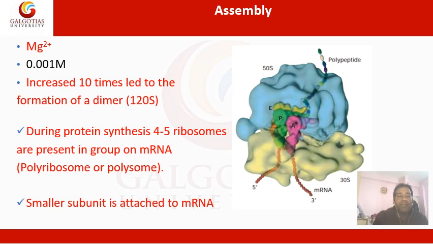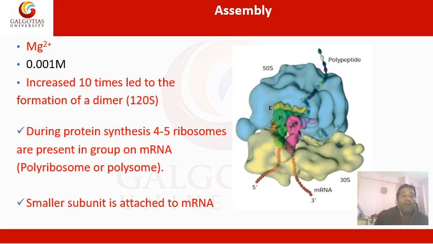However, if the concentration decreases from this 0.001 molar, then what will happen? These two subunits get disjoined and protein synthesis inside the cell will halt. So ribosomes are also known as the protein factories of the cell, because for the translation process to occur, the assembly of the ribosome is a very important phenomenon.